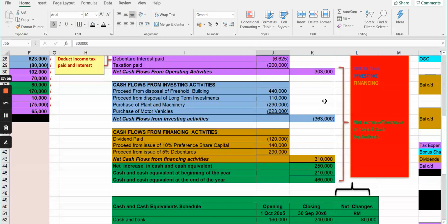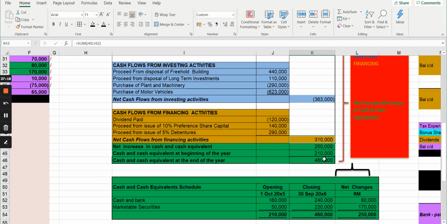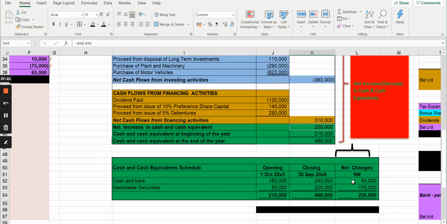Okay. Then now you can add up with the total from investing, total from financing, add the three totals, section 1, section 2, section 3. If you add up, you should get back 250,000, right?